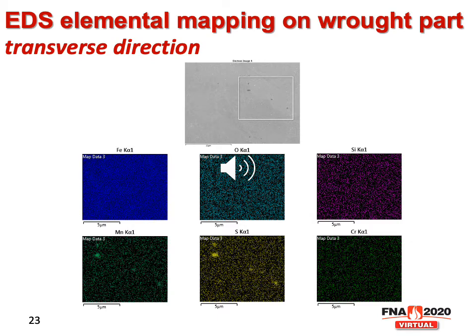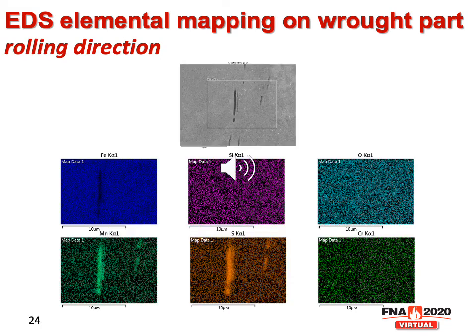So this is the element mapping on the wrought part for the transverse direction. And you can see we have some inclusions which are manganese sulfide. The manganese sulfide inclusion is also confirmed on the rolling direction for the wrought part. And you can see the inclusions are along the rolling direction.